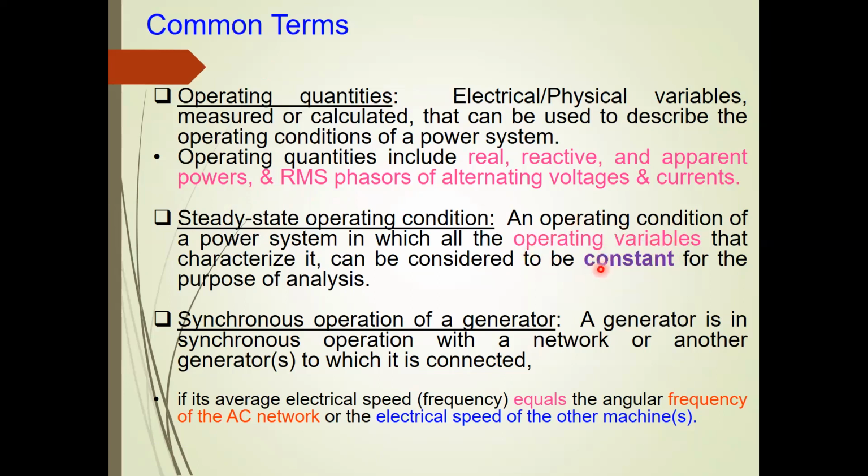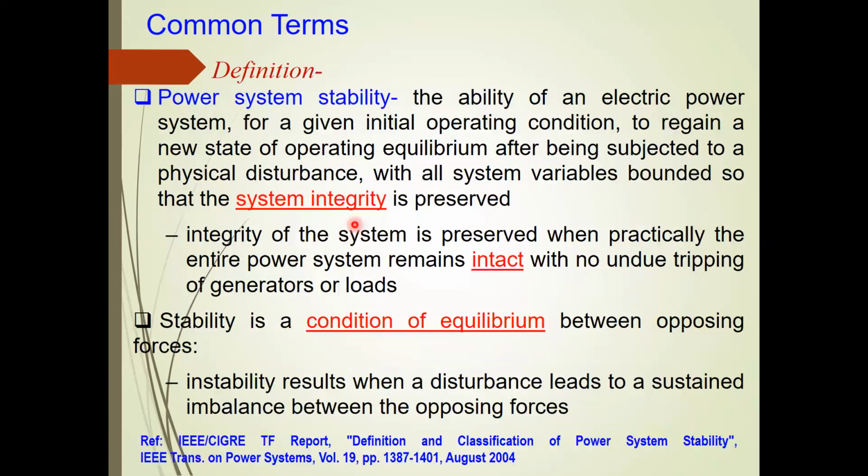There is no deviation in the frequency, there is no deviation in the system bus voltage. So thus the system is at steady state. So it refers to the ability of your power network, which is initially at a given operating condition, and you can say that it is at a steady state, right?